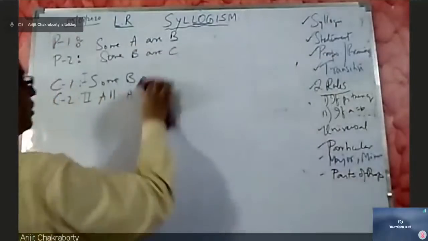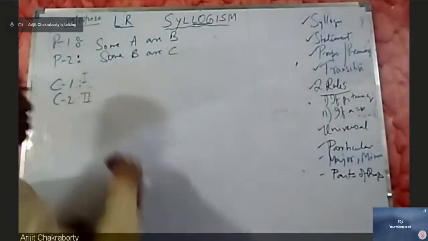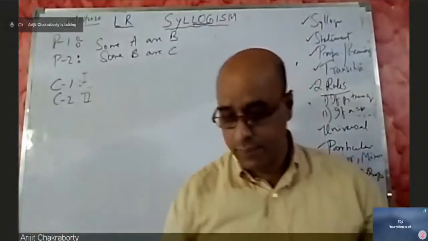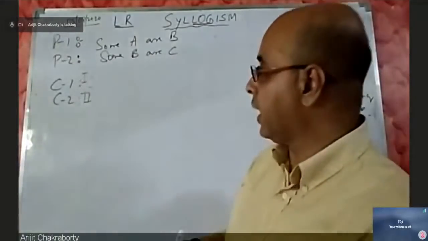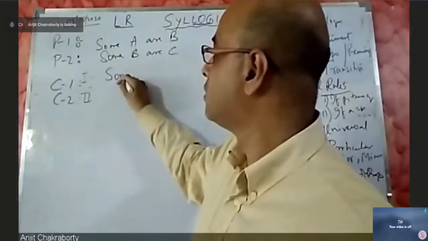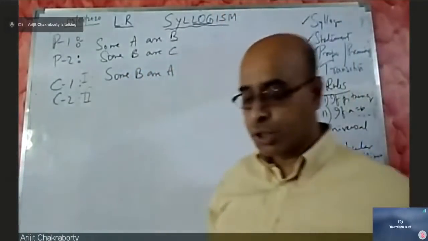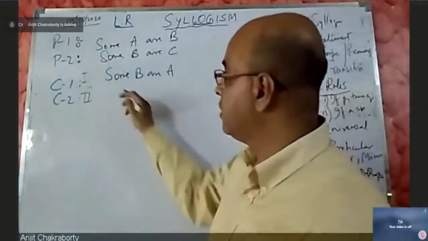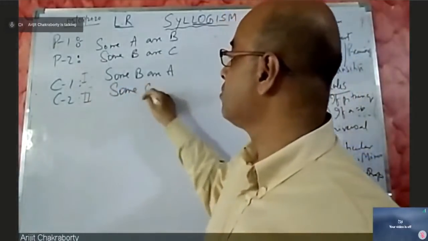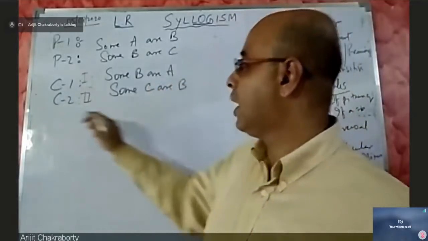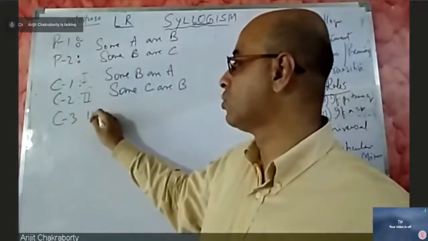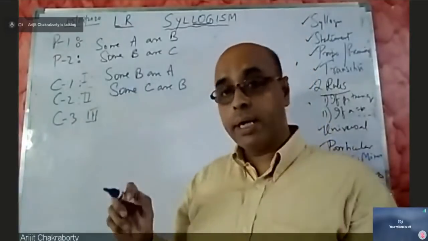Conclusion number 1 is some B are A. The second conclusion is some C are B. And conclusion 3, the third conclusion is some A are C.